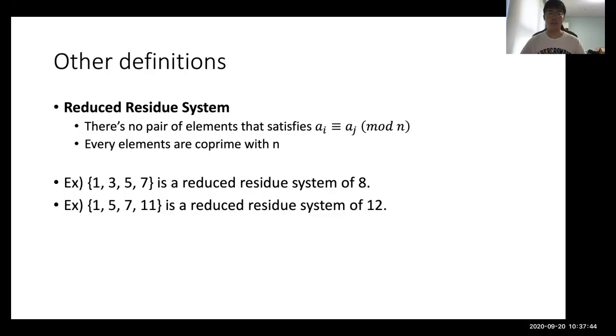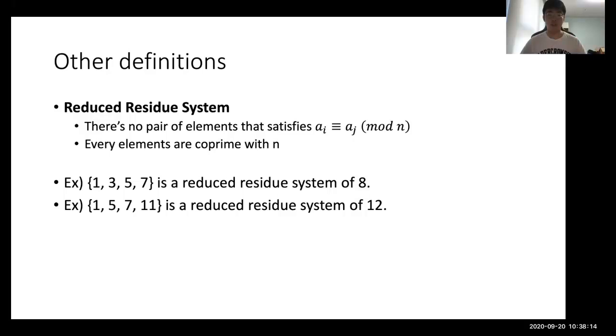And then this is a reduced residual system. It says that there's no pair of elements that satisfies Ai congruent to Aj in modulo n, but this time there is a restriction that every element should be co-prime with n. For example, 1, 3, 5, 7 is a reduced residual system of 8 because we removed 0, 2, 4, 6 from the complete residual system as they are not co-prime with n, which is 8 here.